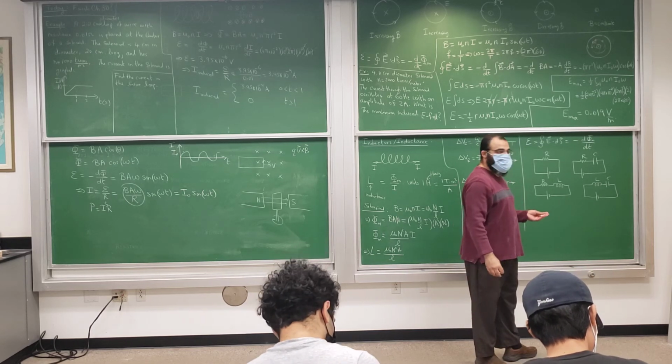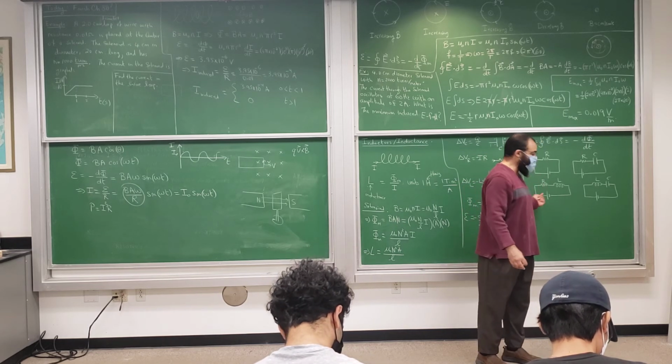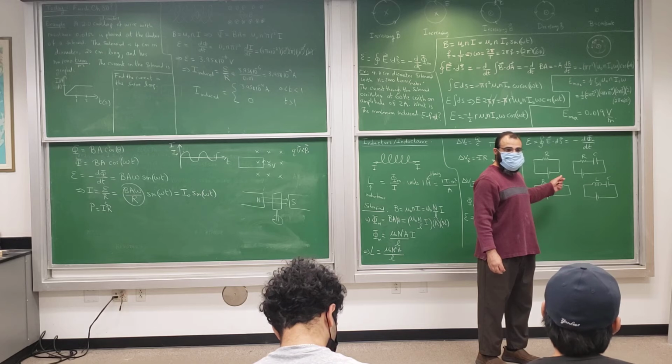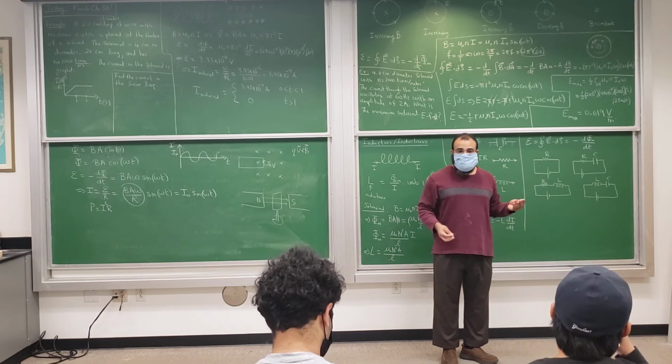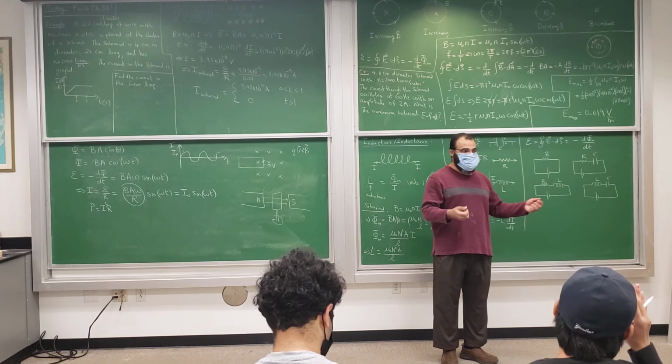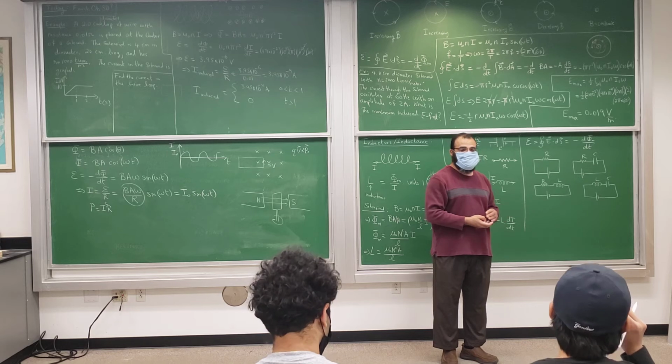You can have a resistor, inductor, and capacitor. You can have an AC source with some combination of them. You can have all these combinations. Nobody is going to tell you you can't connect it in this way, and the question is, what's the current as a function of time?